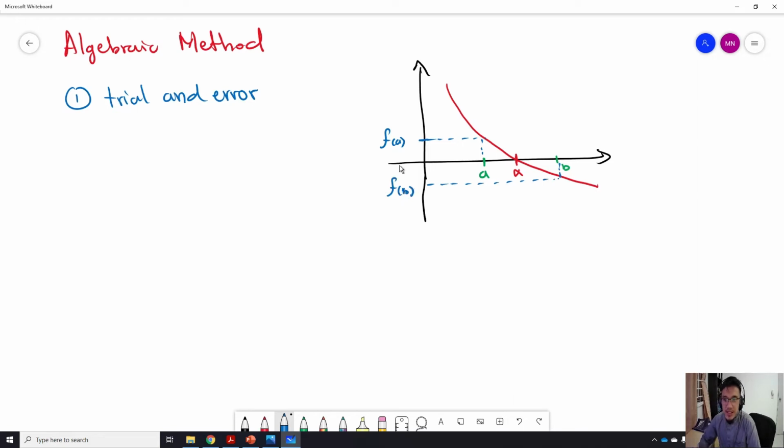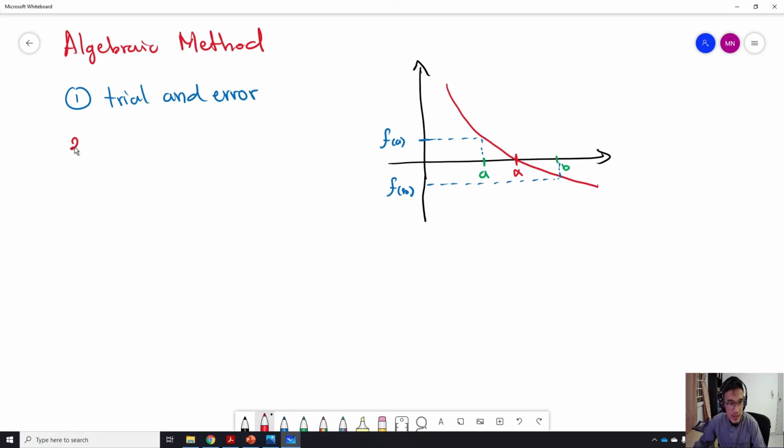Okay, as you can see, when we input the value of a into the function, we get a positive value of y. And meanwhile, if we substitute the value of b into the function, we will get a negative value of y.